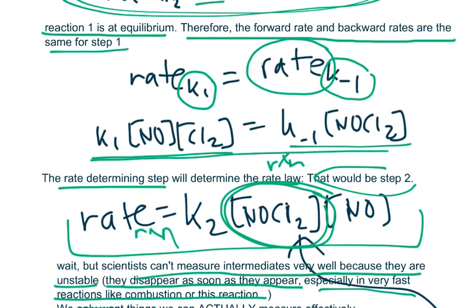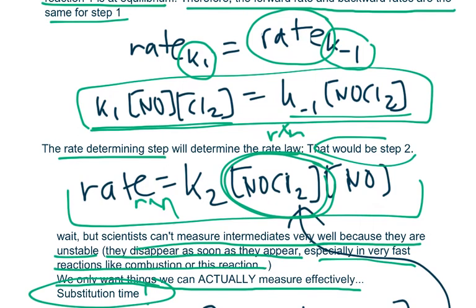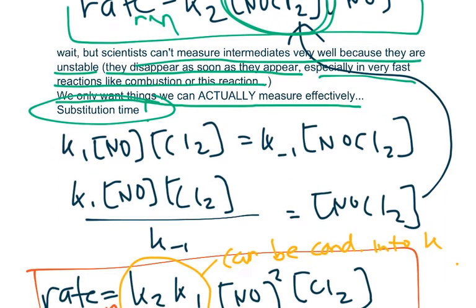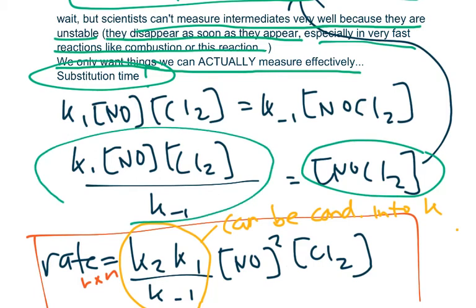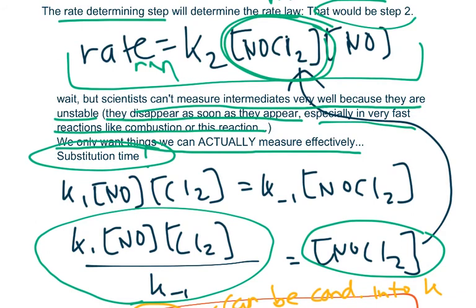We have an equality here, and we see that there's an NOCl2 here. We could use that to our advantage by doing some algebra and finding that the concentration of NOCl2 is equal to all this stuff. And we can just chug this into here and substitute this for this.